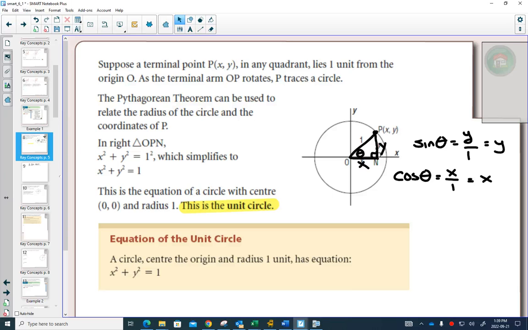If I pick any random point on here and it has an x comma y, and I just drew the circle and figured out that x is equal to cos of theta and y is equal to sine of theta, we can now write any point on the unit circle, instead of x comma y, as cos theta comma sine of theta.